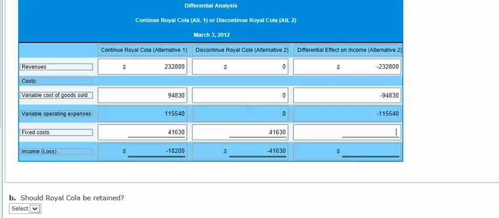And fixed costs would not change. So my difference in the continuation versus discontinuance, I can find that by taking the 41,630 loss minus the 19,200 loss, and I'd have a bigger loss of 23,430.